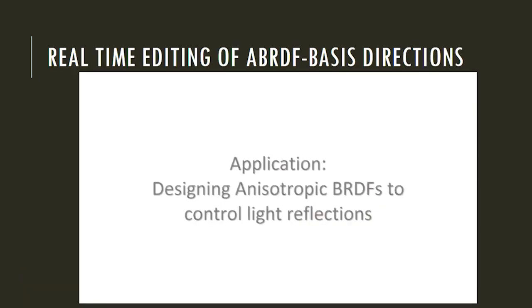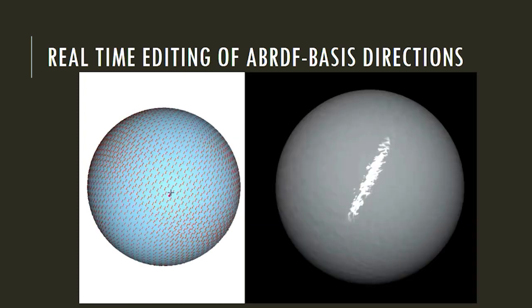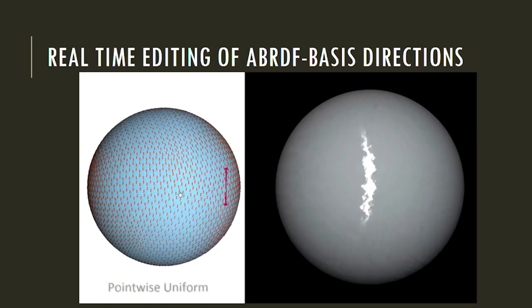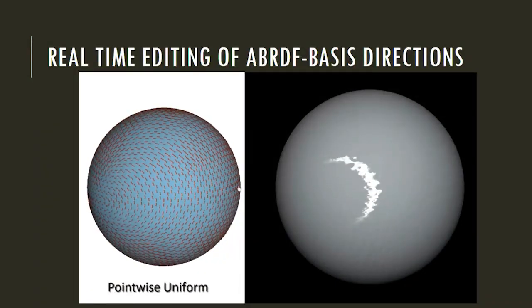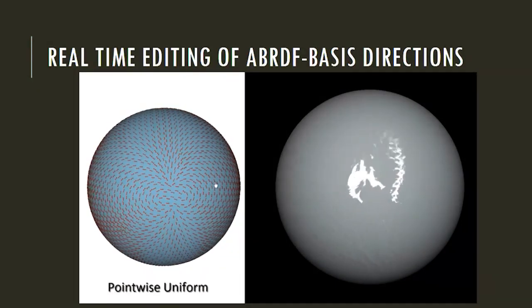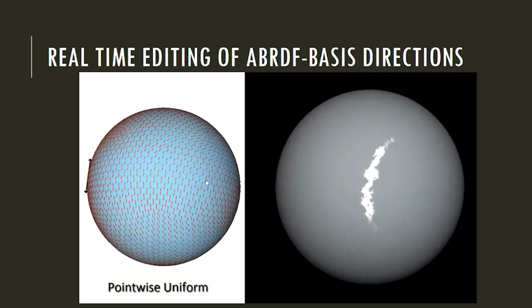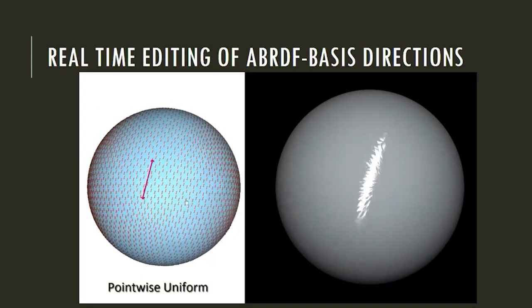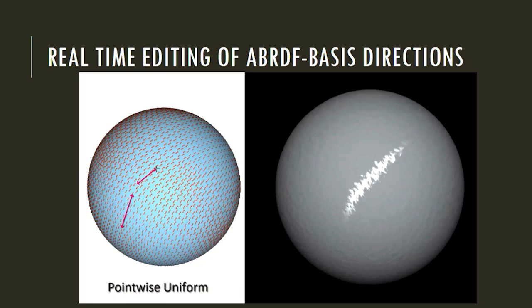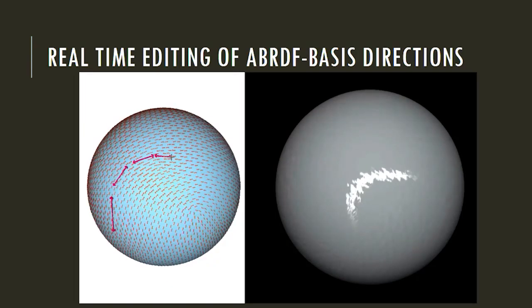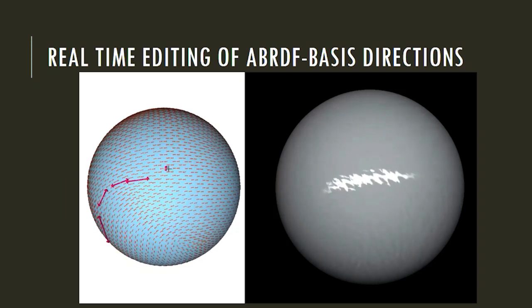I mentioned a second application, and here we show this. The user edits this smooth two-direction field, and the directions are used to define the directions for bases for ABRDFs, or anisotropic bidirectional reflectance distribution functions. Those functions are used in rendering to define how light is reflected from the surface.